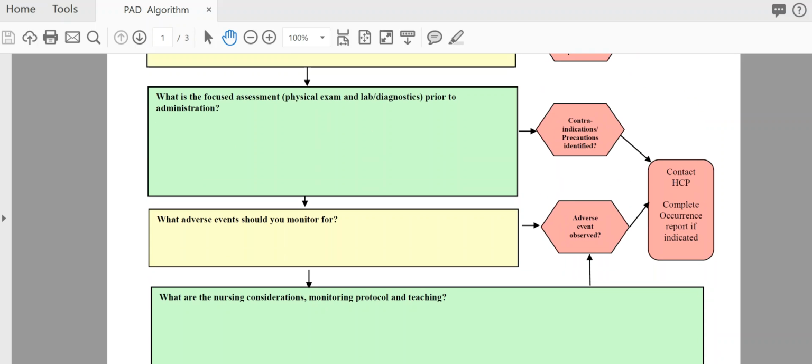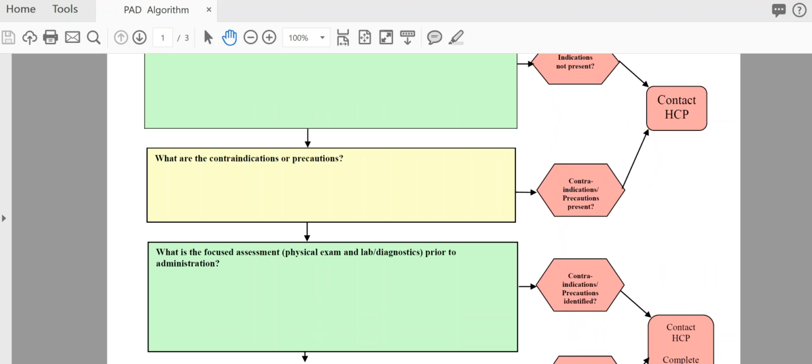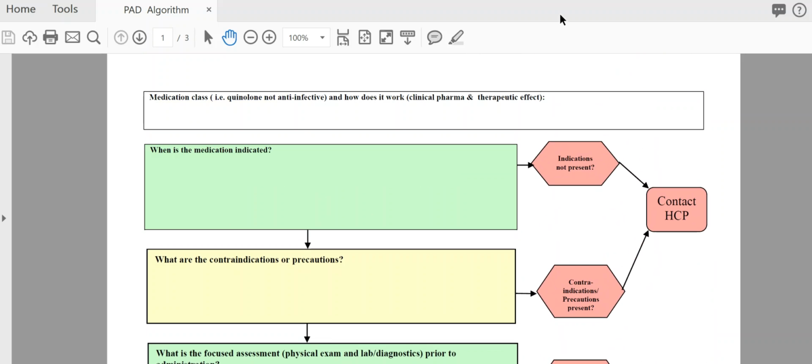Okay, I hope that helps you understand a little bit about how to complete your medication template using DailyMed.